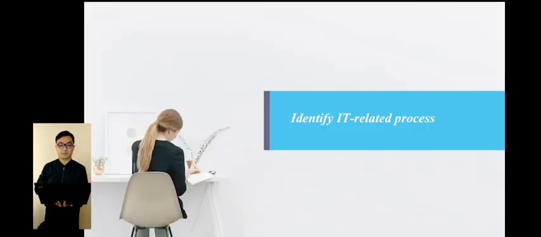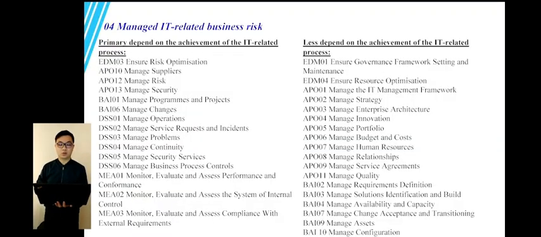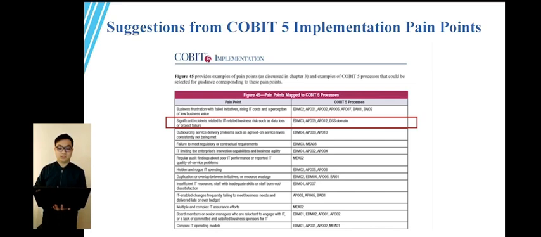About the mapping work. On the selected IT-related Goal 04, through mapping with the COBIT 5 textbook, there are still lots of primary and secondary priority IT-related processes that can be identified. We applied the suggestion from the COBIT 5 implementation document.